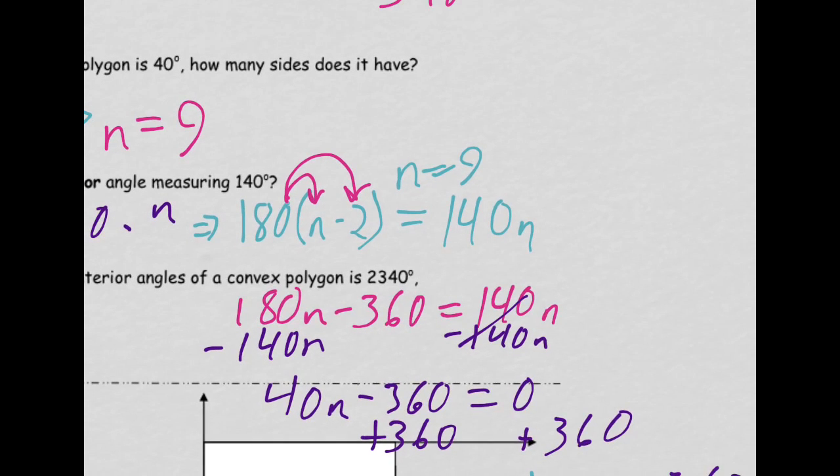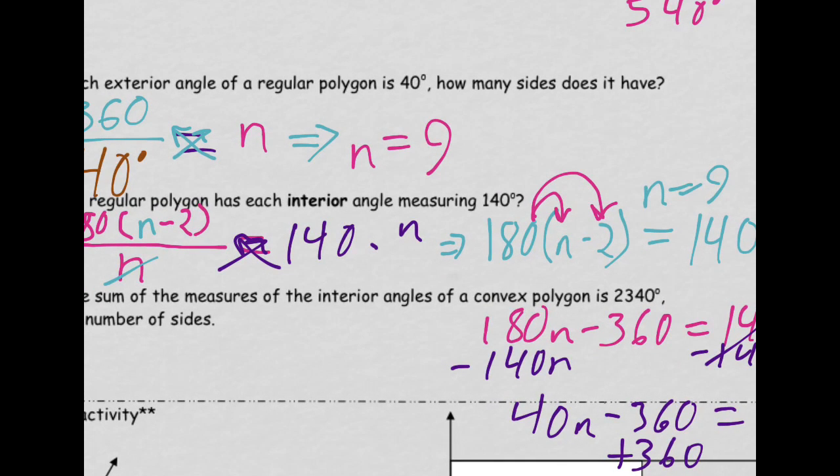You see what they did to me? They gave me something that had an exterior angle of 40 and an interior angle of 140, and they made me work all that stuff out.